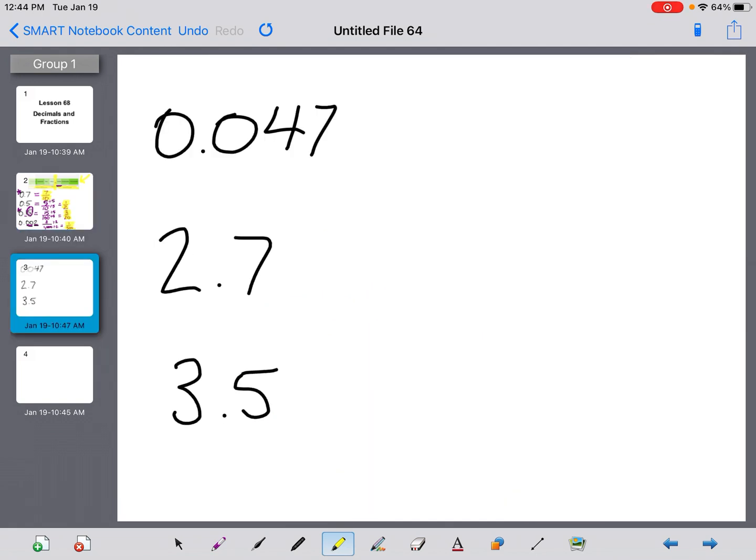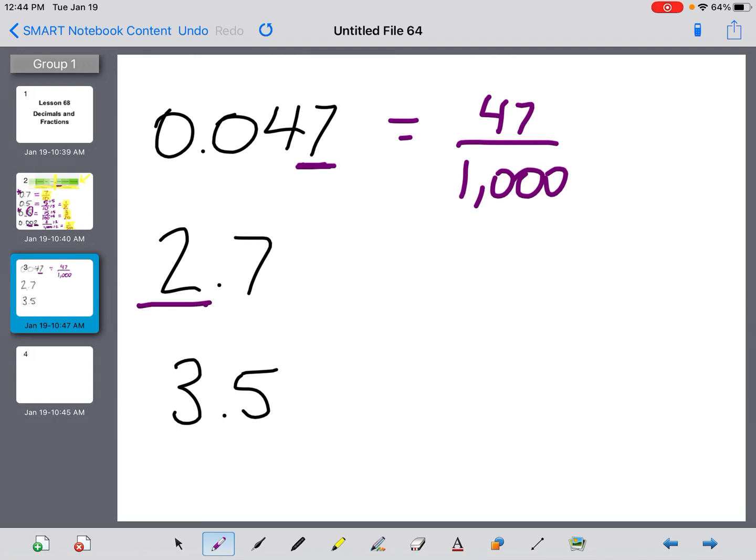All right, let's do just a couple more examples here. Here I have 0.047 because my last number is in that thousandths place. The denominator is right away 1,000, and then you just put a 47 on top. Now, some of your questions, you are going to have decimals that have a whole number in the front. And it's very, very simple to deal with those.